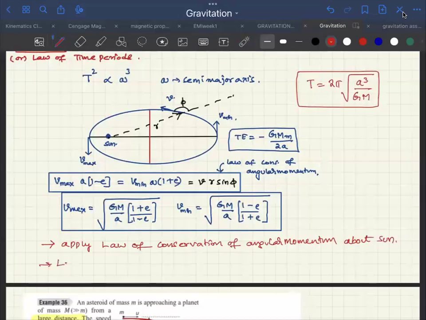Similarly, you can apply the law of conservation of energy. Only these two steps are there to solve any problem.